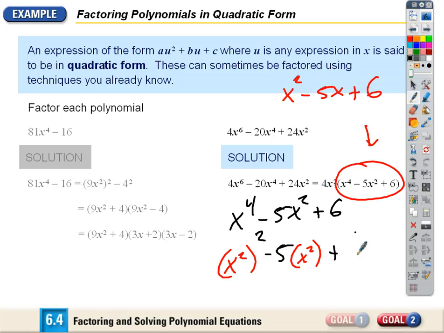So you're thinking of it as being quadratic, but instead of in packets of plain old x, it's in packets of x squareds, right? You see the pattern?